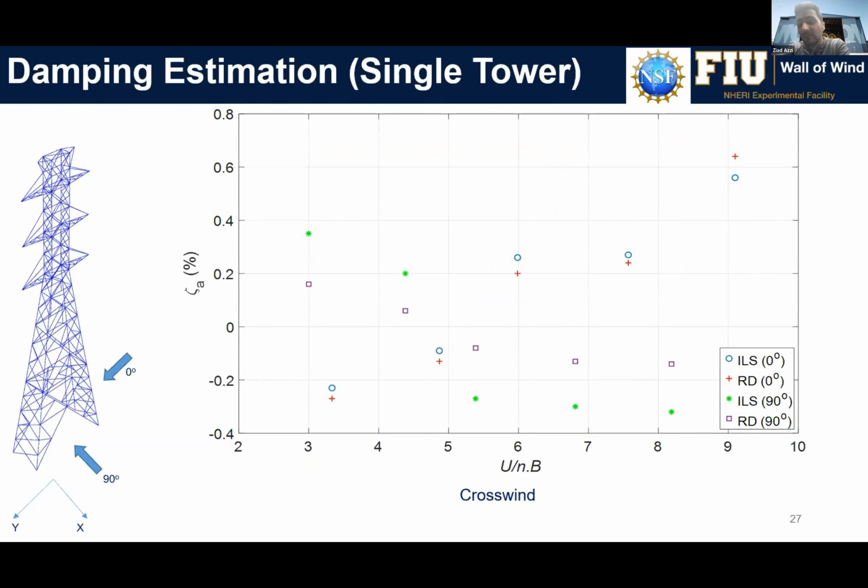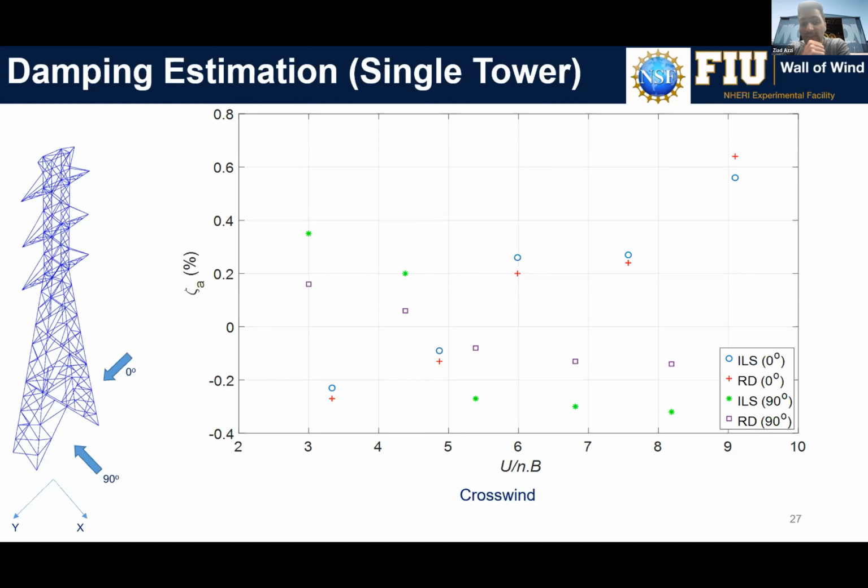For the crosswind, as I previously mentioned, there's no analytical equation derived to obtain the crosswind damping of lattice towers. Therefore, we analyzed the crosswind component of the accelerometer acceleration, and from that we applied the iterative least squares and the random decrement techniques to obtain an estimate of the crosswind aerodynamic damping.